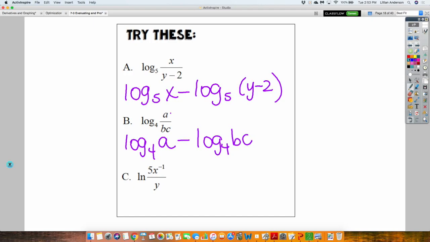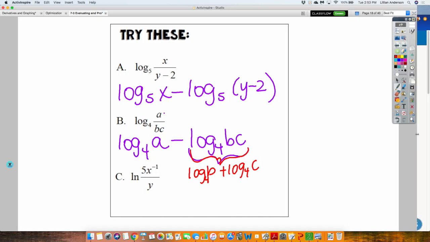So we can expand the second part right here by saying log base 4 of B, plus log base 4 of C. Now do realize that you are subtracting that entire log.